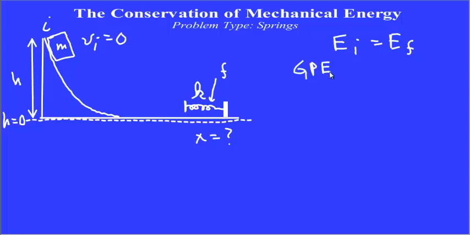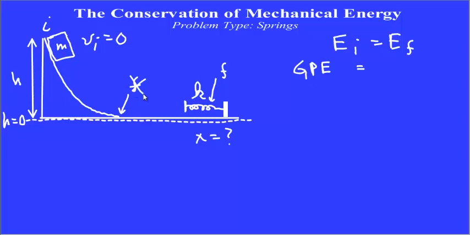Okay. Now I want you to notice something here. Obviously, as the block falls, it's going to gain kinetic energy and lose potential energy. Right at the bottom of the ramp, right here, it's going to be all kinetic energy. But notice what happens. That's not our final point, right? This here is not our final point.